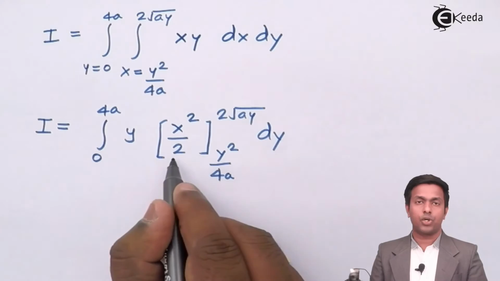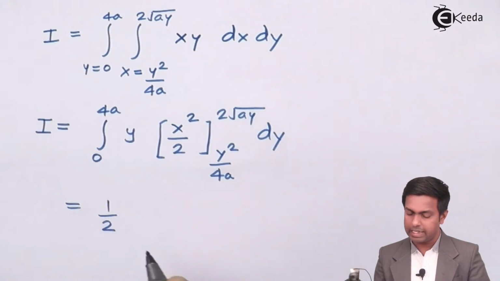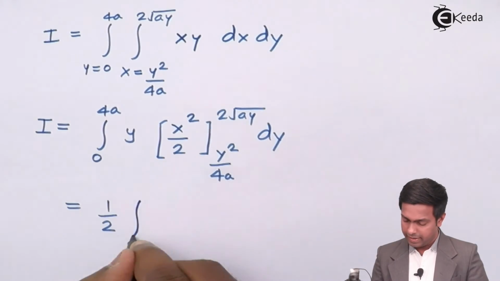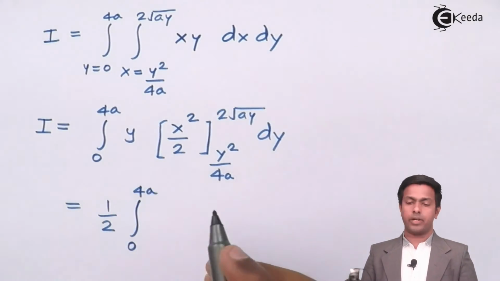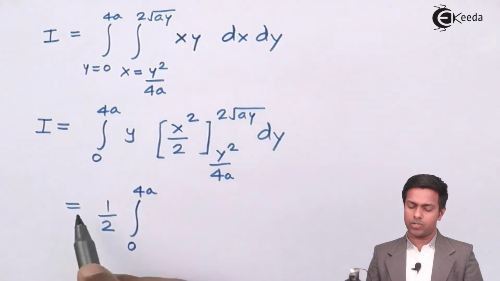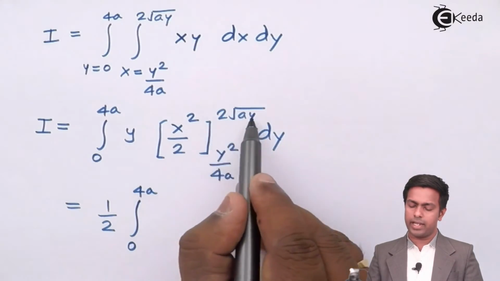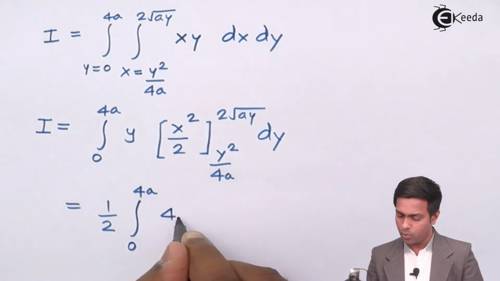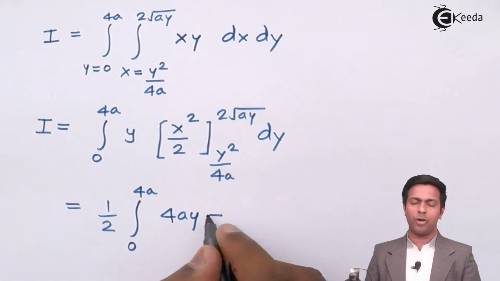Next, this 2 in the denominator, I'll take it outside. So 1 upon 2 outside, integration 0 to 4a. Next, we'll put these limits in x square because we have already taken 1 by 2 outside. If I put the upper limit, the square of this will be 4ay. Then the middle sign is minus and now we'll put the lower limit.